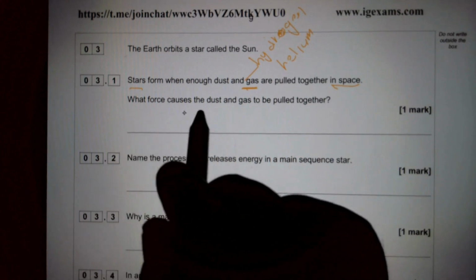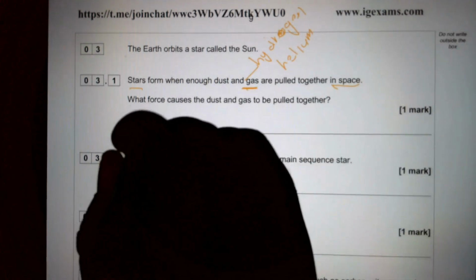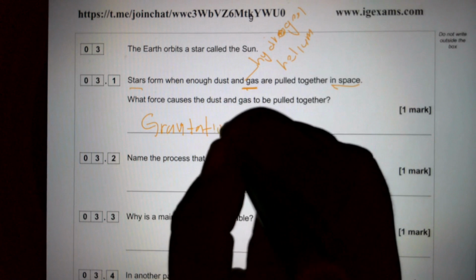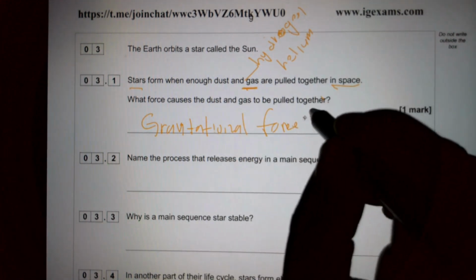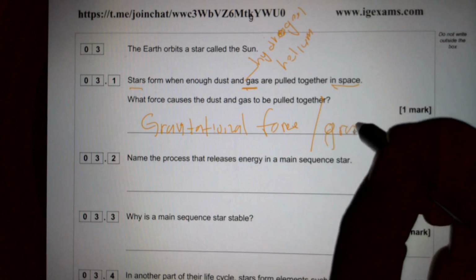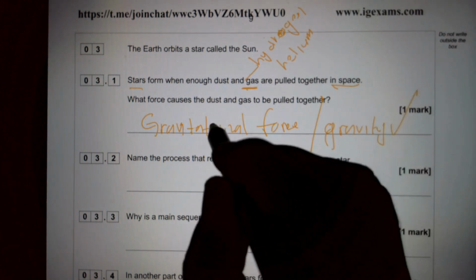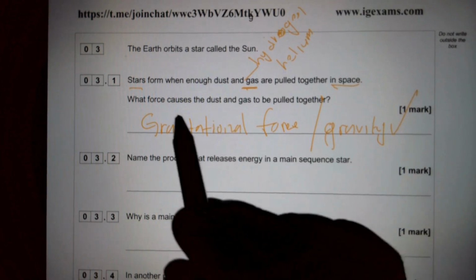Then the question says, what force causes the dust and the gas to be pulled together? Obviously it is gravitational force. Some people will just write gravity. It's fine, that's acceptable. You can write gravity, you can write gravitational force, but the most accurate one is gravity.